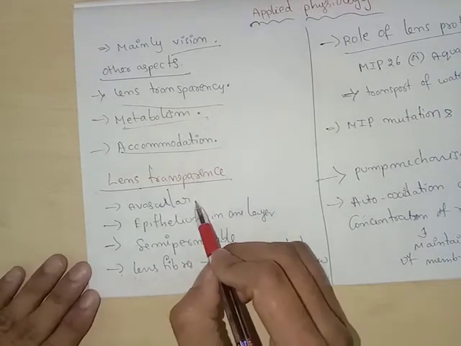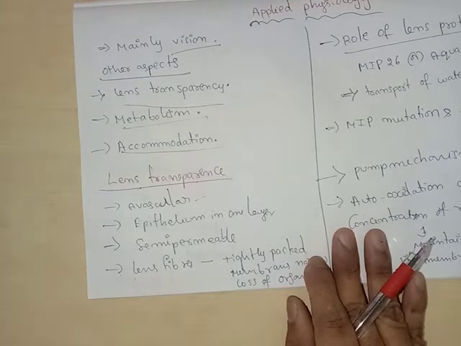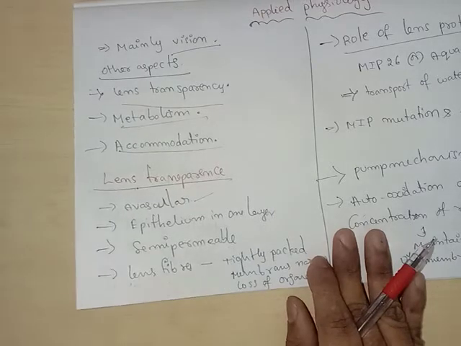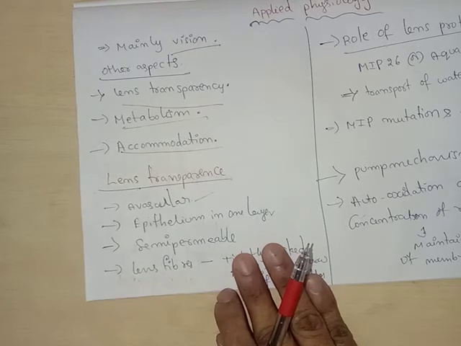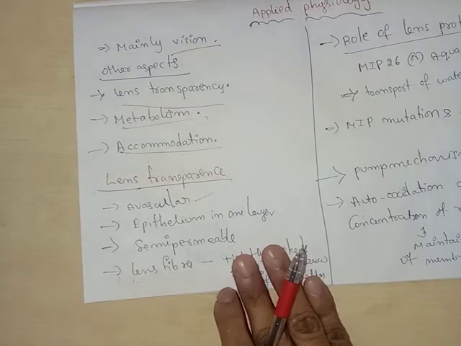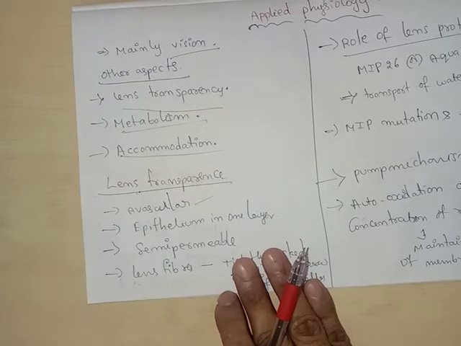The first is that it is avascular, so that it is transparent. If it were vascular, the vasculature would interfere with the transparency. The light rays coming from the environment would reflect from the vasculature and go back, so vision would be impaired.